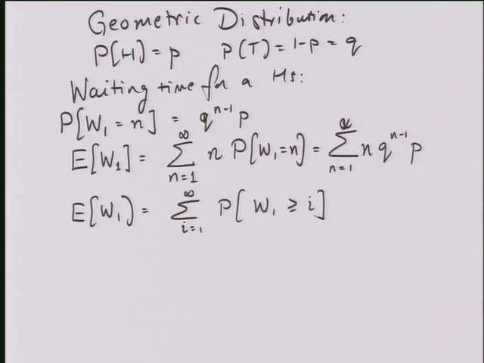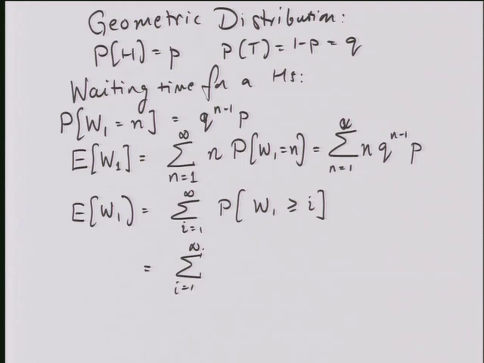Now, what's the probability W1 is at least i? It's the probability that the first i minus 1 coin flips turn up tails. You know that you have to wait at least i turns.